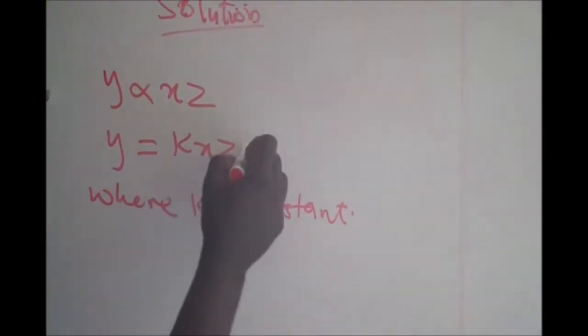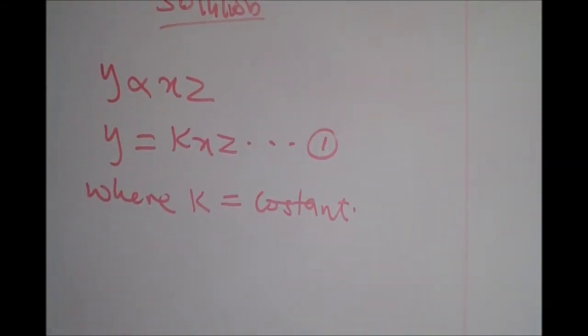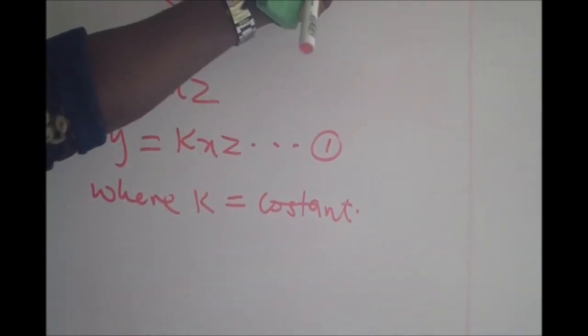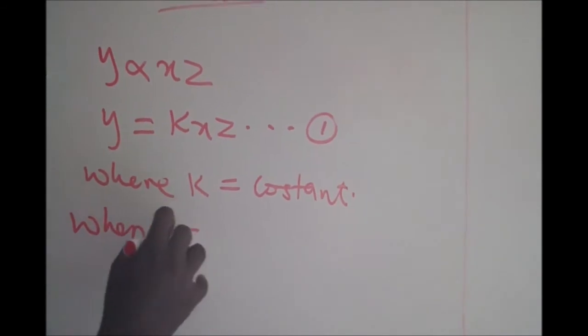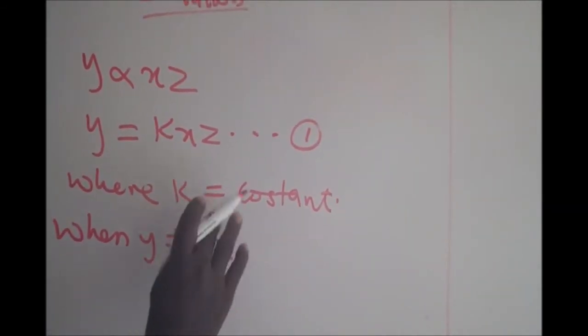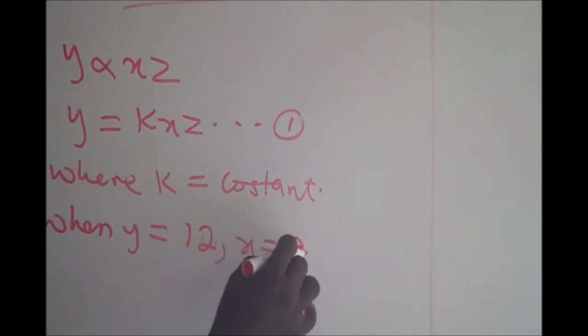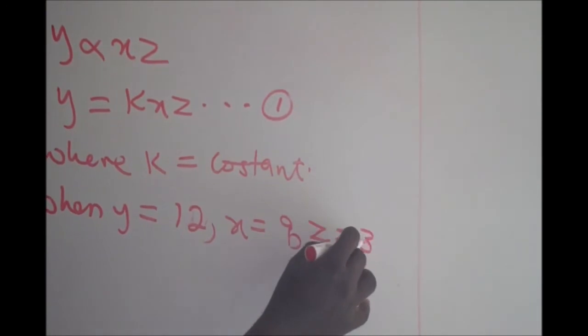Let's call this equation 1. Now, when y is equal to 12, x is equal to 9, and z is equal to 3.